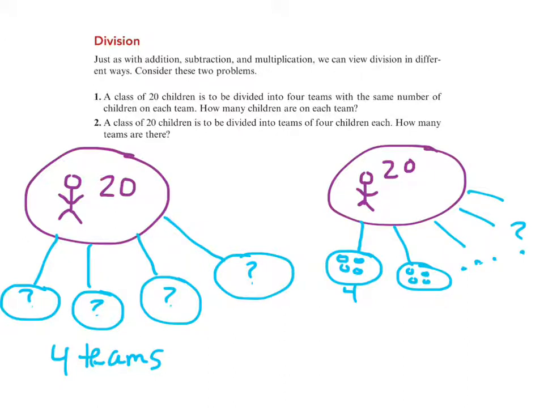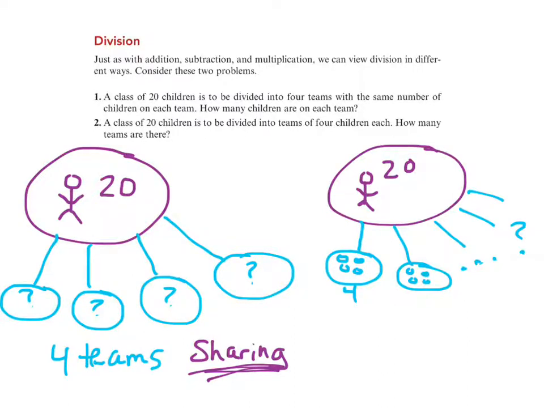So this first type of division is called sharing division. In this type of division, we know the number of groups, but what we're trying to figure out is how many objects, or in this case children, should be shared to each of those groups.